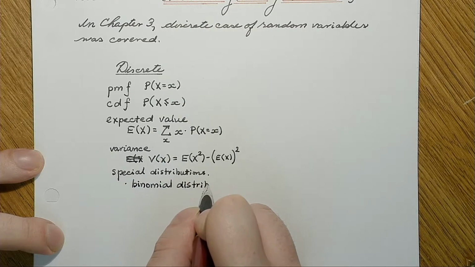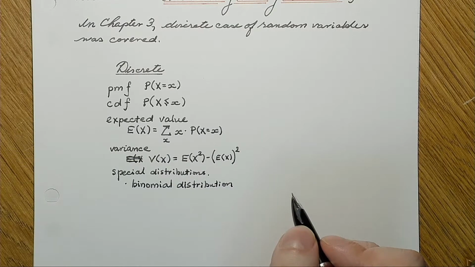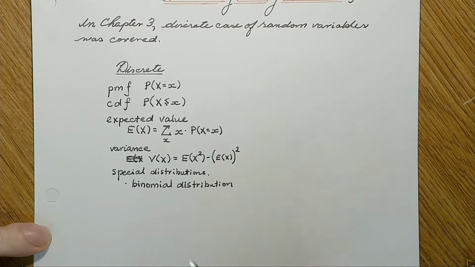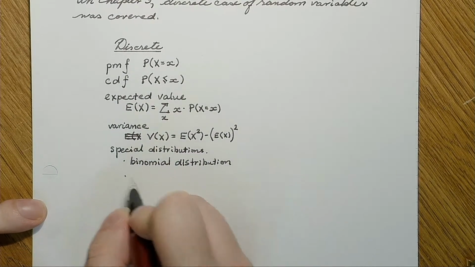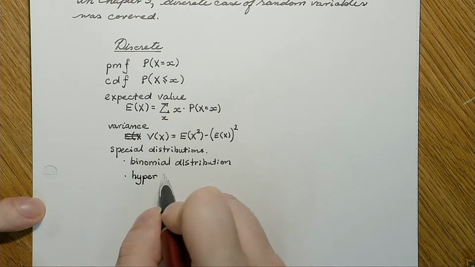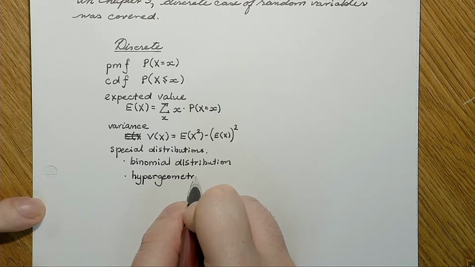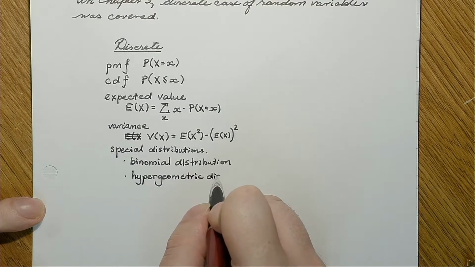There are three assumptions: first, there are two outcomes, a success and a failure; the trials themselves are independent; and the trials are identical, meaning the trials are not changing from one to the next. We talked about the hypergeometric distribution.